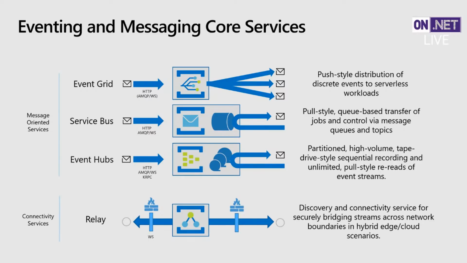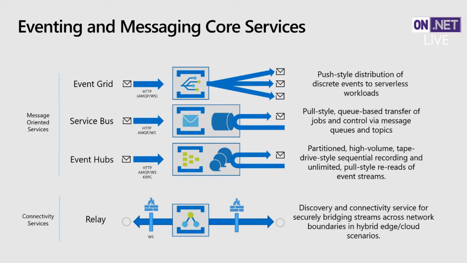So it creates decoupling as infrastructure. ServiceBus is a classic queue broker. I'll talk about the queue pattern in more detail. You push messages in and you pull messages out, and those messages can then be individually handled and individually settled. So we'll get to that.